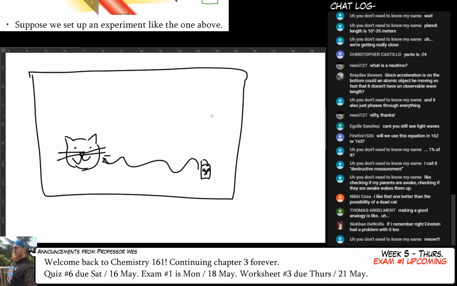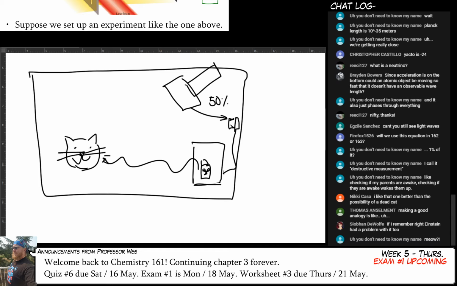So I'm going to put this in a container that is closed. But I'm going to attach it to a button. And that button's going to be attached to a hammer. And the hammer has a 50% chance of hitting the button to release the radioactive compound, which would kill the cat.